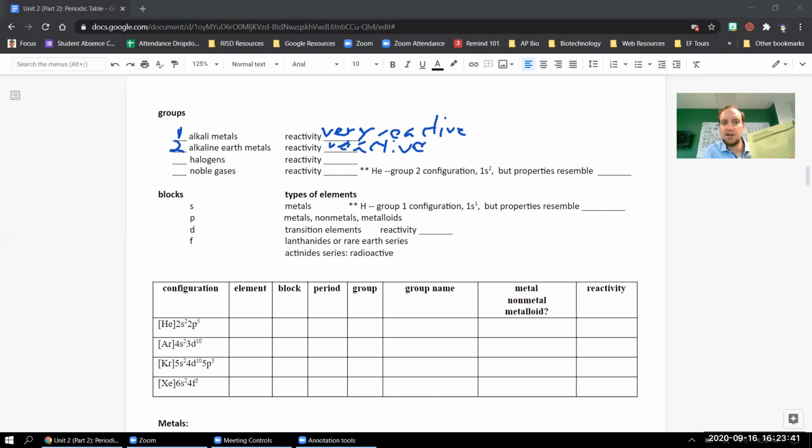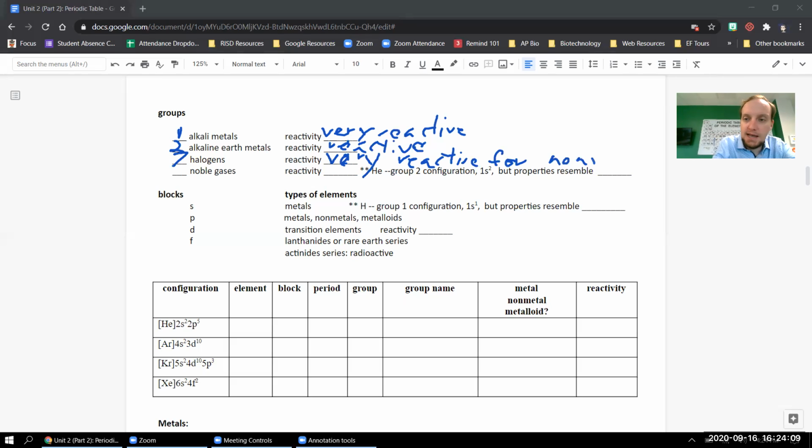The next one we're going to talk about, we're going to jump all the way over to here to the 7th group, or 17th group, however you want to name it. The second to last one. These are called the halogens. So this is group 7. The halogens, again, are very reactive for the non-metals, okay?